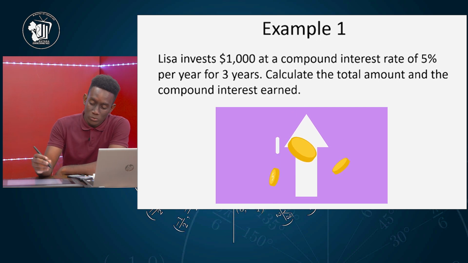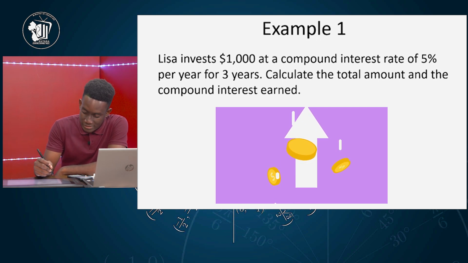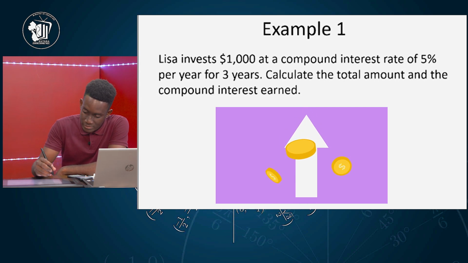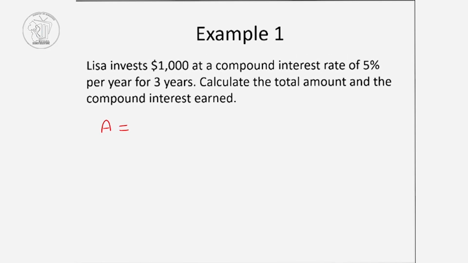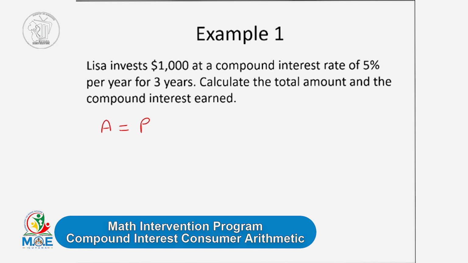First of all, let's use the formula. The amount is equal to the principal multiplied by 1 plus the rate over 100, all raised to T. The principal is the money that was invested or borrowed.